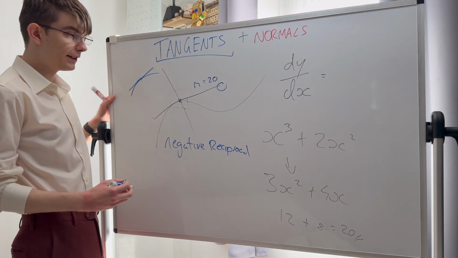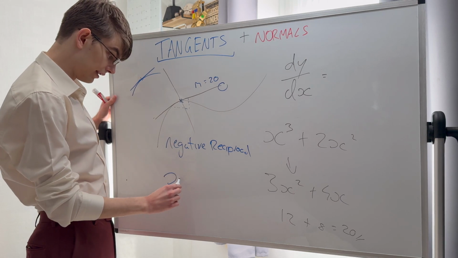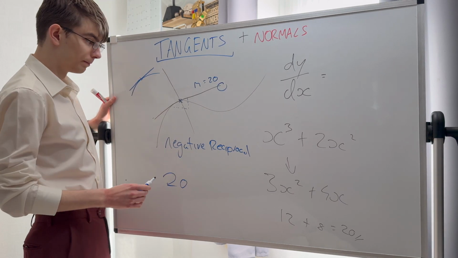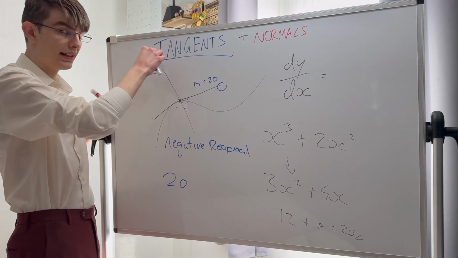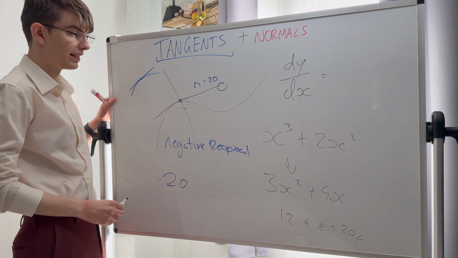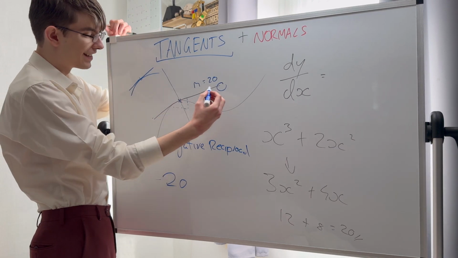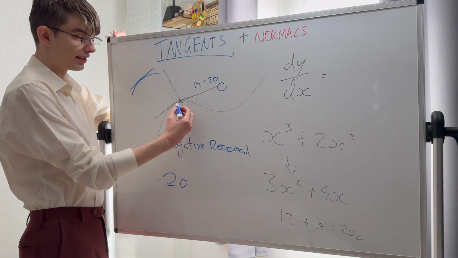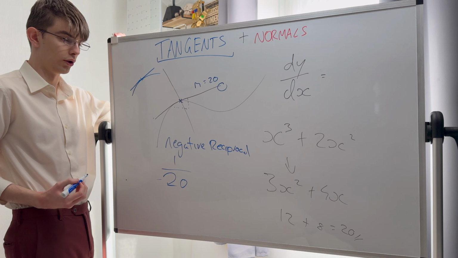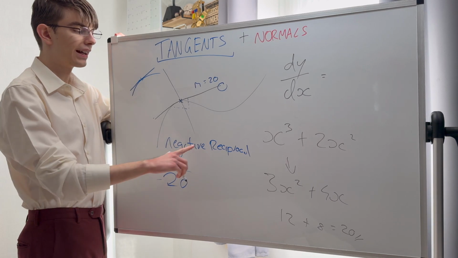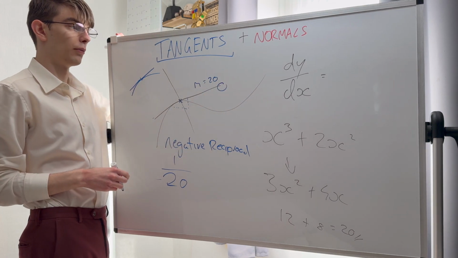Just to explain what that means, if the gradient of this tangent here is 20, first of all, this line is going the other way, so it's got a negative gradient. But also it's going at different rates. This is increasing a lot faster than this is decreasing, and that relationship is 1 over, which is the reciprocal. So the negative reciprocal of my gradient at this point is the gradient of my normal.